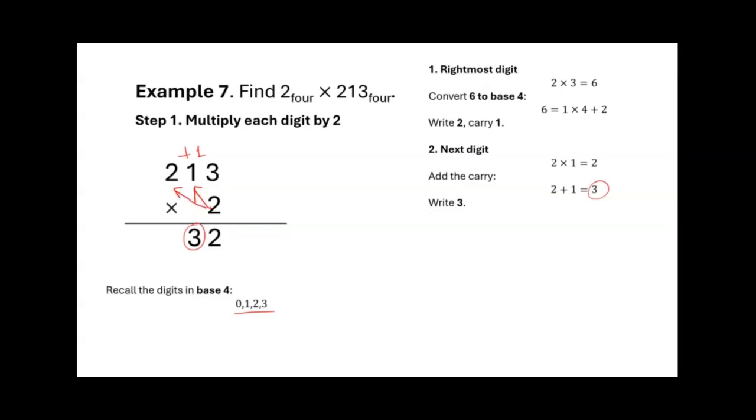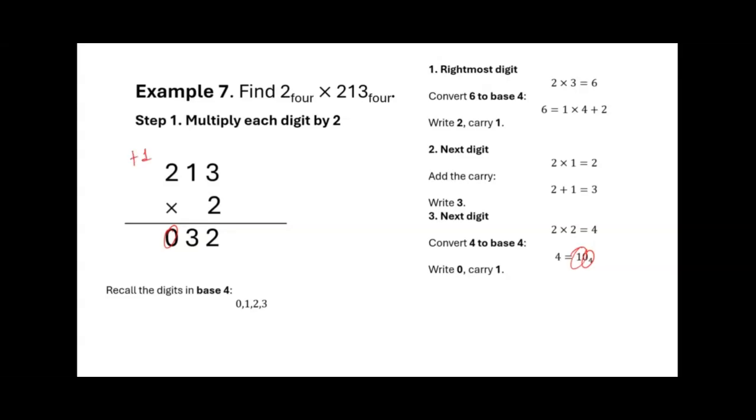Now I move on to multiply the last digit. So my last digit is 2 times 2, which is 4. And 4 in base 4 is 1, 0. And so I write down the 0, which is the place of the units or the ones. And I carry the place value as a 1. But since there's nothing else to multiply, you could even, if you want to, do that thing where you add zeros, and you could say like 2 times 0 is 0 plus 1 is 1.